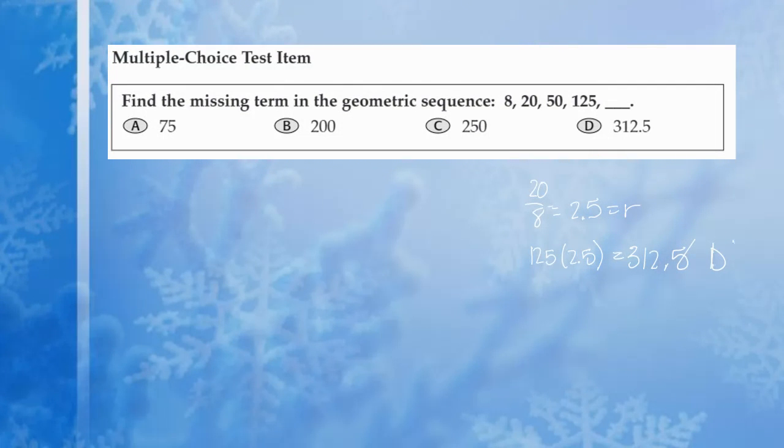So letter D is our correct option here, okay? So we're finding the missing term. In order to do that, we have to figure out what we're multiplying by each time. In order to figure out what we're multiplying by each time, simply divide the second term by the first term. Now again, I always like to double check just to be sure. So I will take whatever I think my r is and I'll test it out on one of the other terms, see if I get the next one, just to be safe, okay?